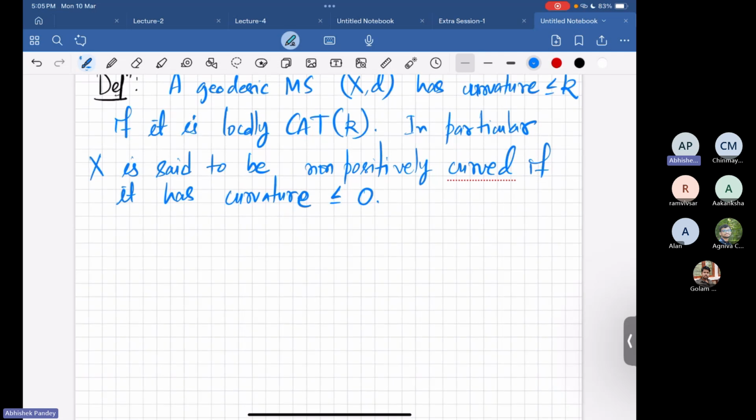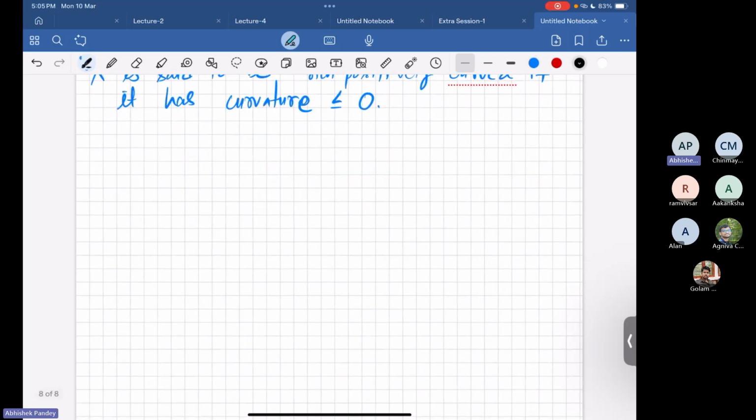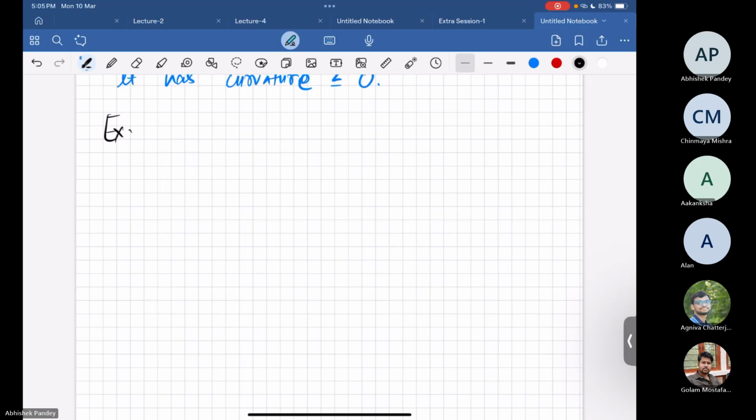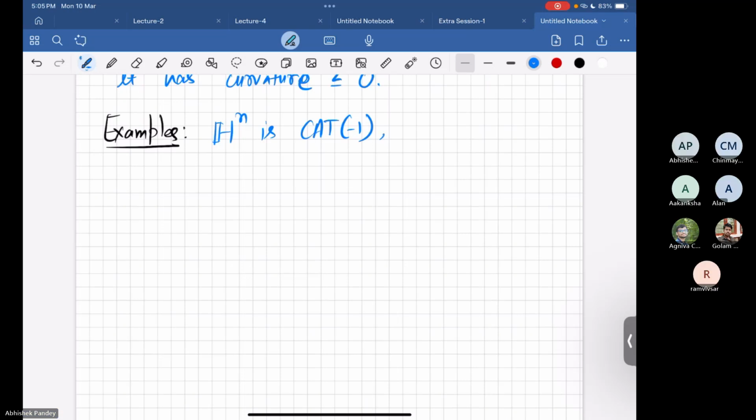Okay, so here are some examples. I'm going to take it as an exercise. This will fall under a more general theorem. H^n is CAT(-1), obviously CAT(0).